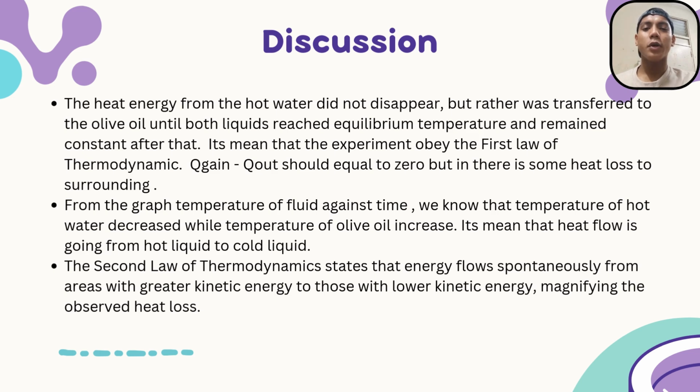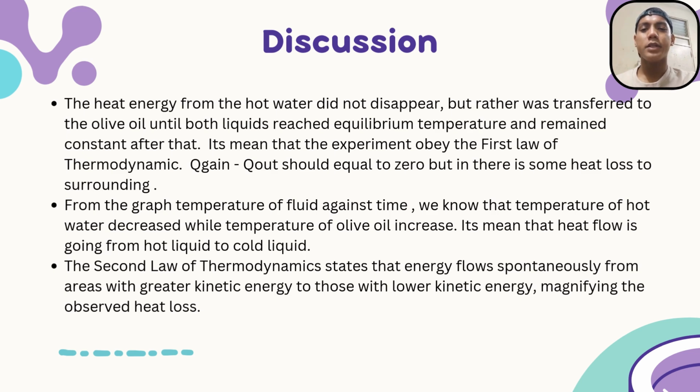Q gain minus Q out should equal to 0, but there is some heat loss to surrounding. For example, from the data at minute 40, the Q system is negative 12.7636. It indicates heat loss to surrounding and may be the cause of the small differences between the calculated and observed values.